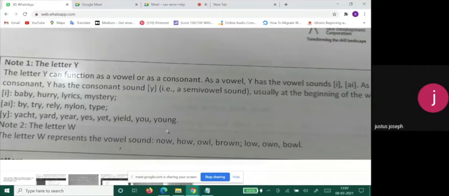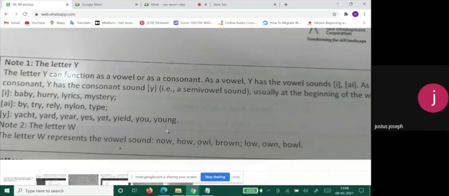The sound is ya. So three sounds, right? That is what I wanted to teach you. There are three sounds of the letter Y. One is I, one is AI, and one is Y. The first two sounds are vowel sounds. That's why I said Y is also a vowel.